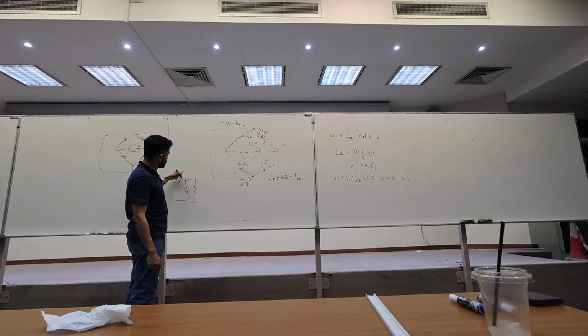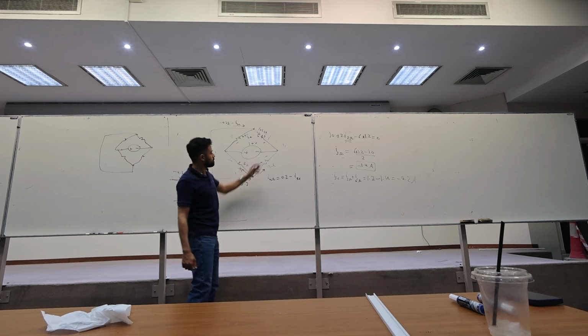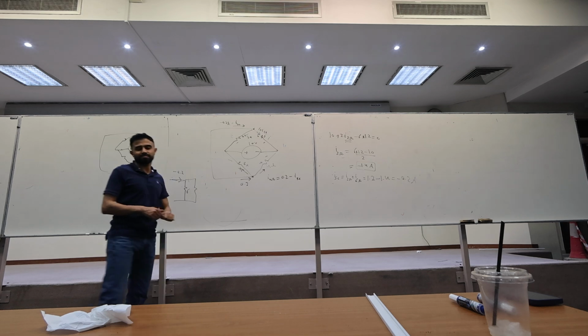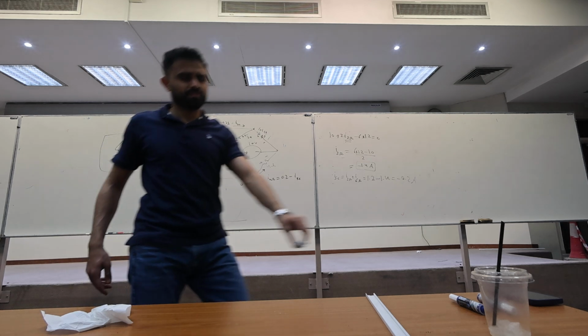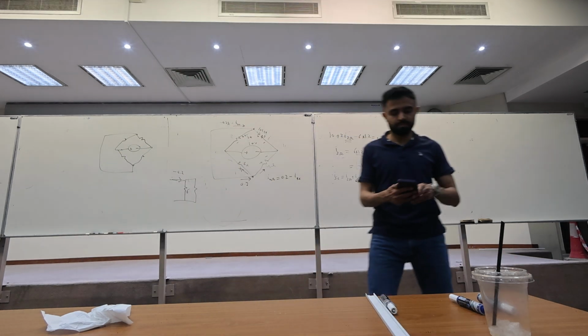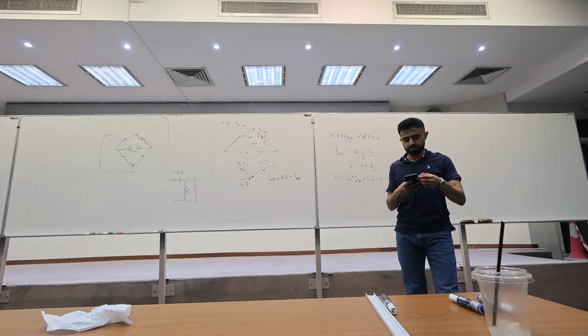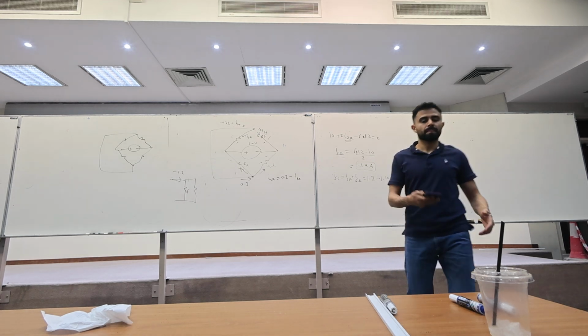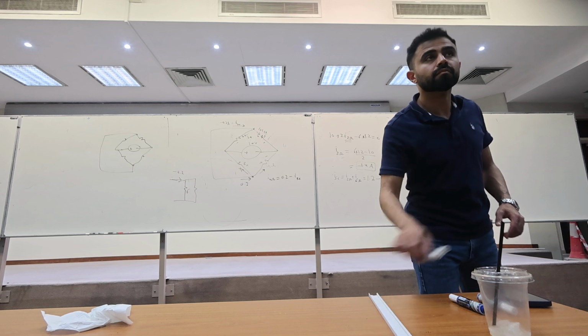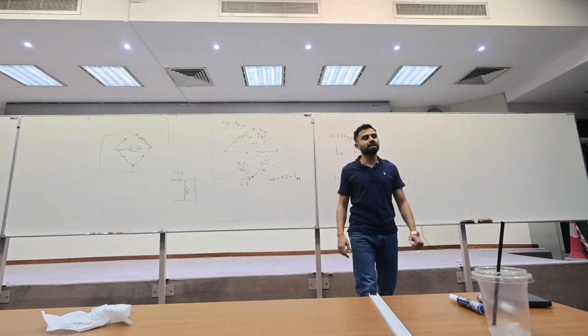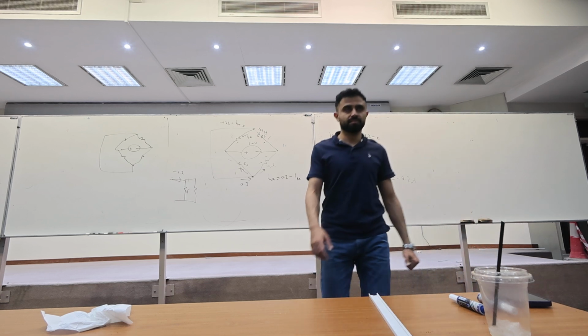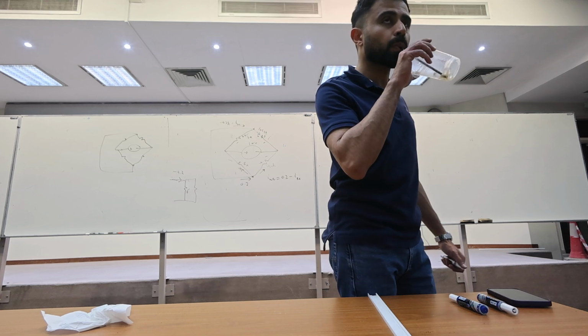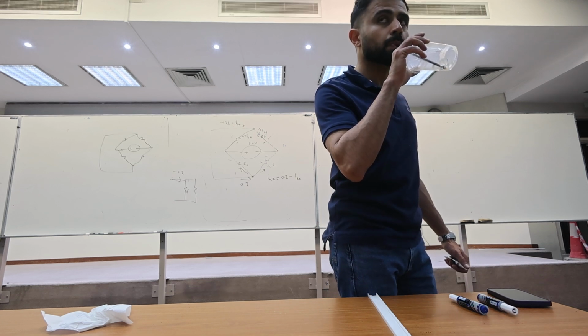Minus 0.2 goes through 6. Let's check something. Anybody has an idea? Current divider rule.